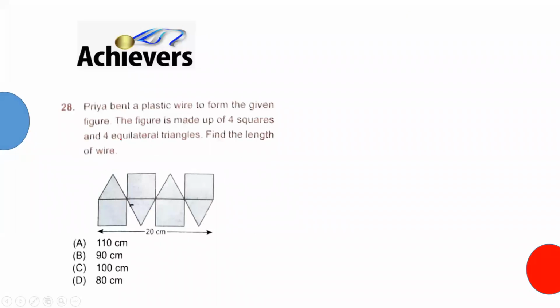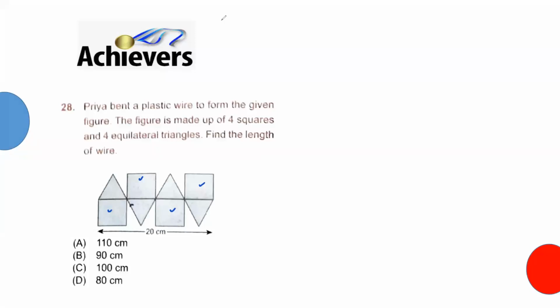Question number 28. Priya bent a plastic wire to form the given figure. So they have bent it into this. It is made up of 4 squares, 1, 2, 3, 4, and 4 equilateral triangles. You have to find the length of the wire. Just see carefully.